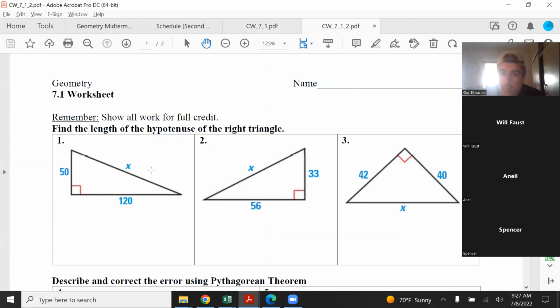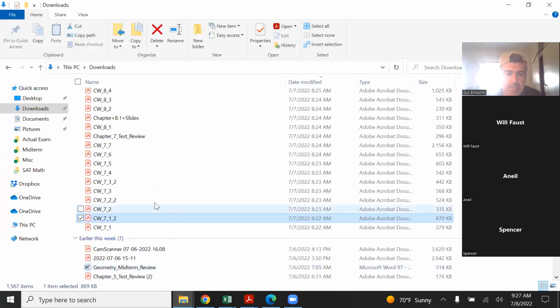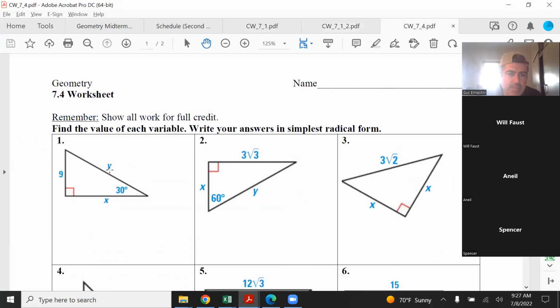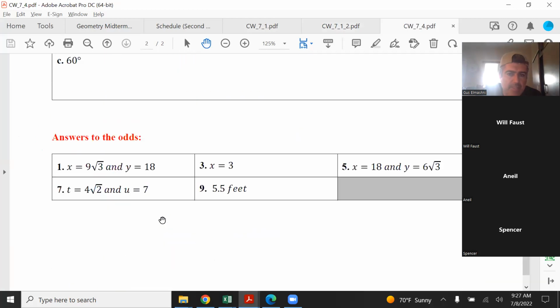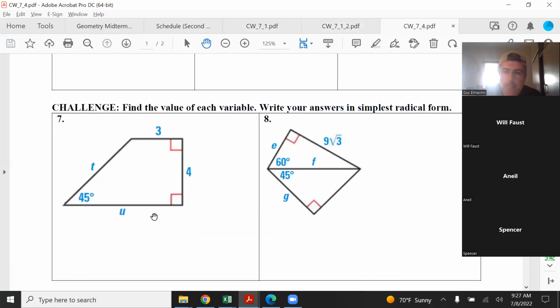Then we'll do 7.2, rinse and repeat: I'll talk about it, do some problems. Do 7.3, talk about it, do some problems. Maybe we could get to 7.4. I don't know what 7.4 is about. Let's see, I think we could.